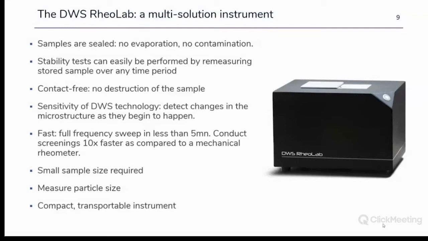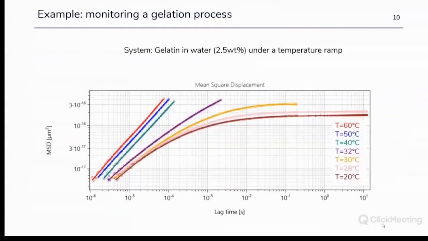At this point, I would like to mention a few examples of systems that can be studied using our DWS RheoLab. The first example is going to be a gelation process that was monitored with the RheoLab. And in this example, we are considering a system of gelatin in water at 2.5 weight%. And this system was undergoing a decreasing temperature ramp from 60 degrees down to 20 degrees.